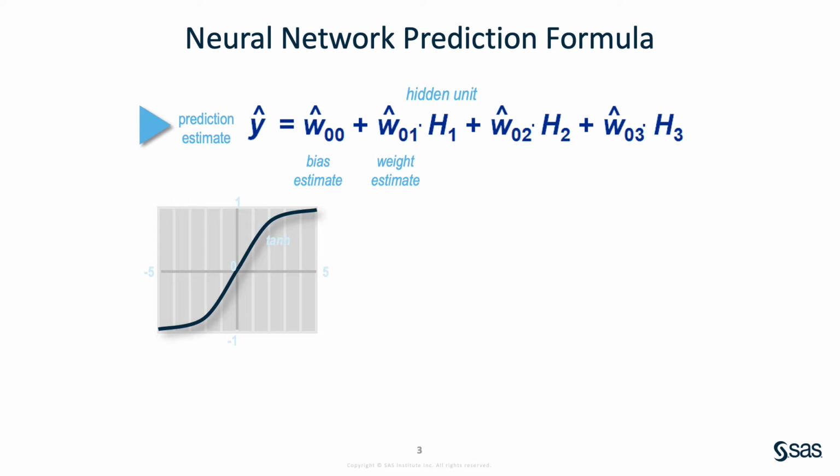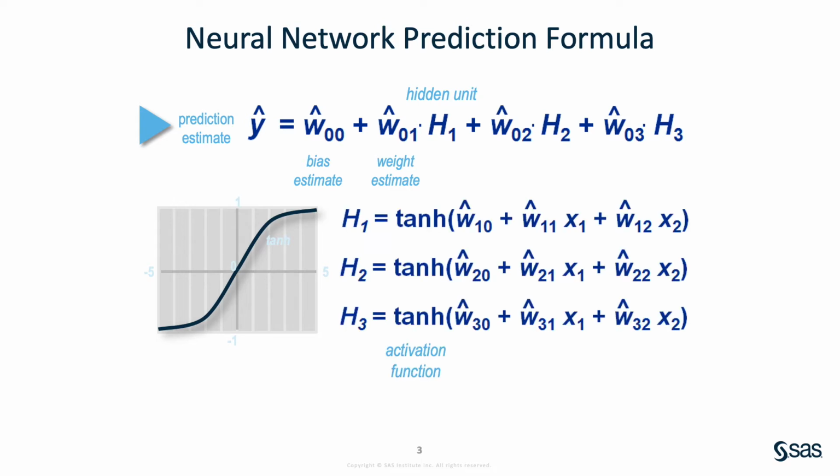We can think of our neural network formula as a regression of the response variables on a set of derived inputs called hidden units. You can see in this particular example, I've got 1, 2, 3 hidden units. Let me show you what those hidden units consist of. So now here are my hidden units, and you can also see down here that for each one of these hidden units, these look like a regression on the original inputs.